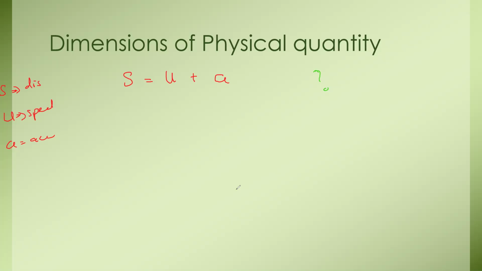Most of you answered that it is dimensionally incorrect as the units are not the same. So this equation is not dimensionally correct because when we write the unit itself, the unit of a distance is meter. Here it will be meter per second, and here it will be meter per second square.